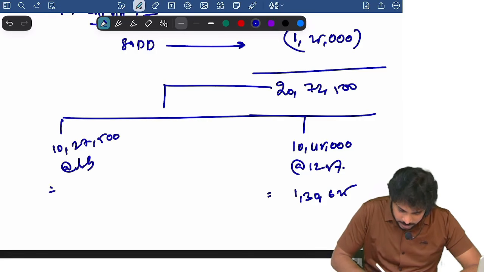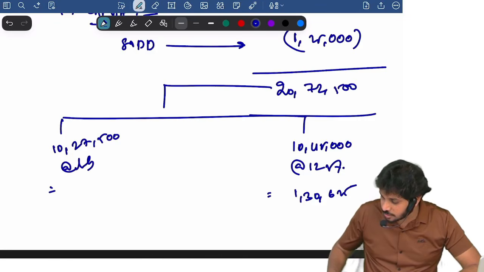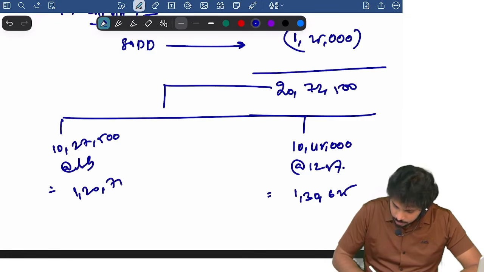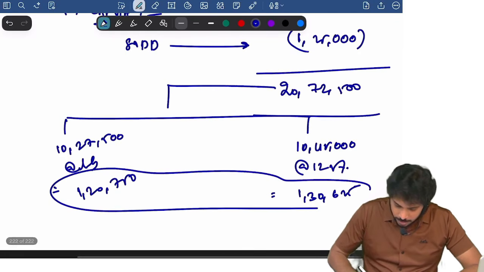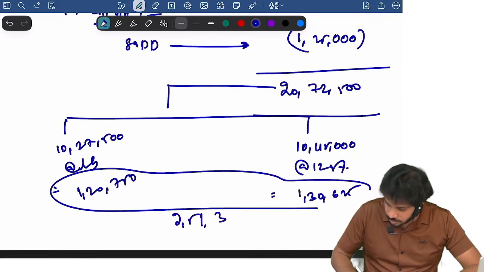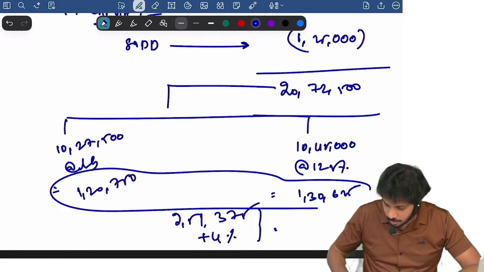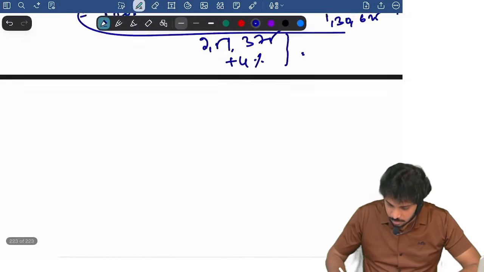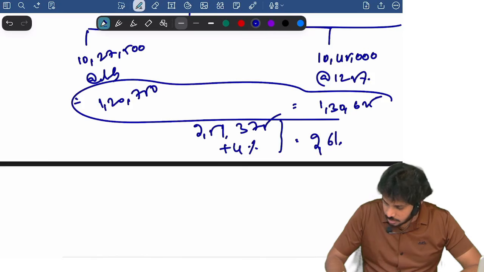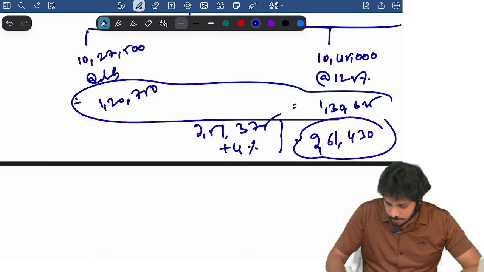This is taxable at slab rate. 27,500 at 30%, 1,12,500. So basic tax 1,20,750. So total basic tax 2,51,375 plus 4%. Correct? 2,61,430.